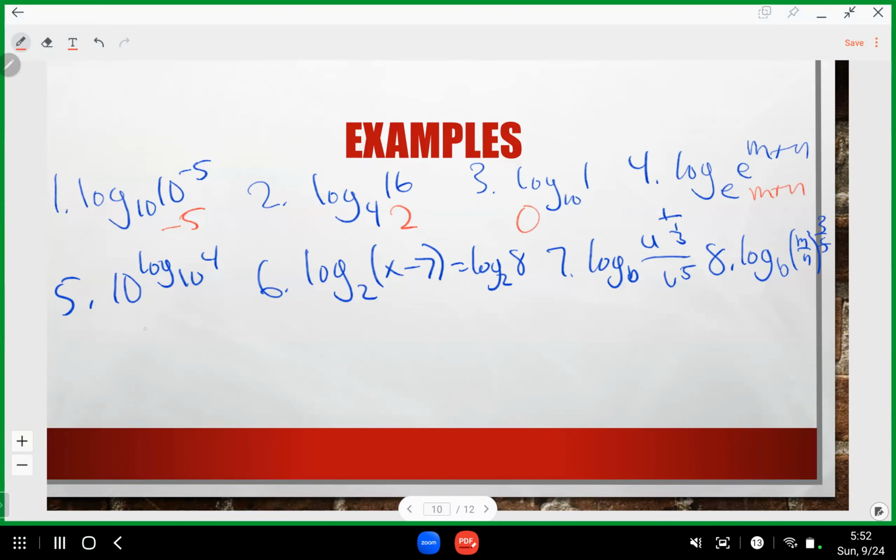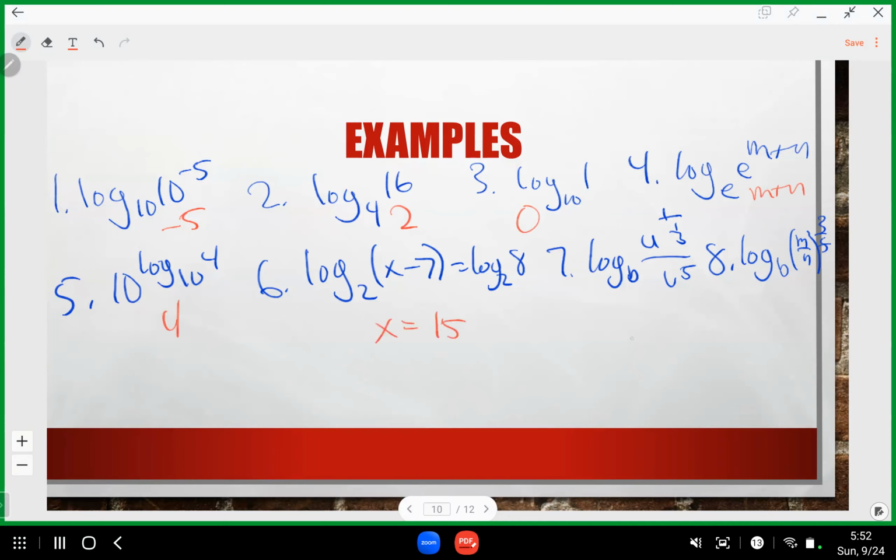Okay. Number 5 is 4. Okay. Number 6 is x equals 15. So yeah.